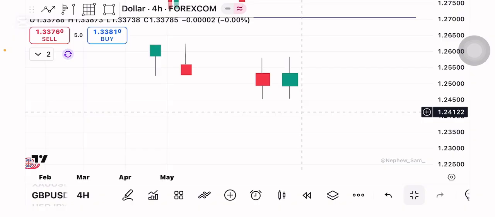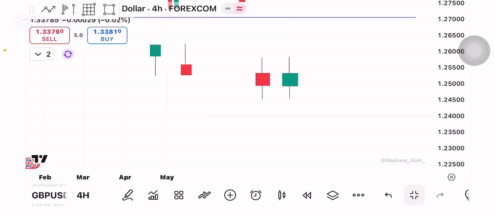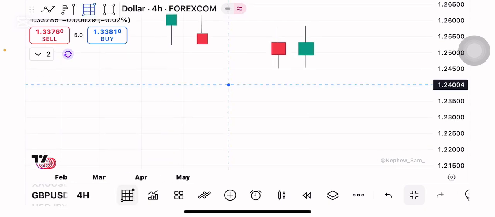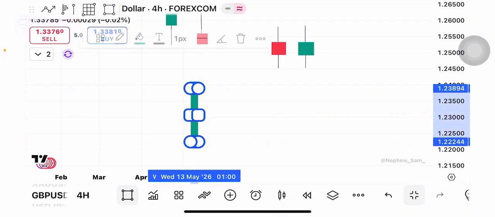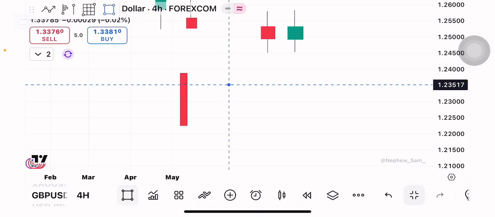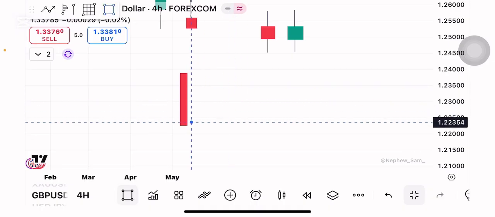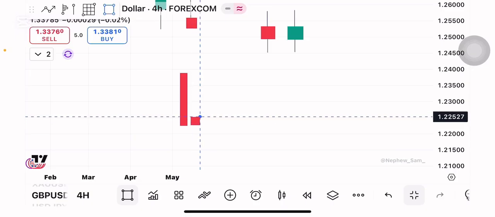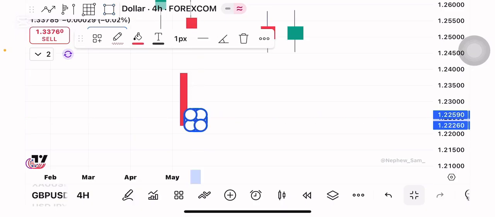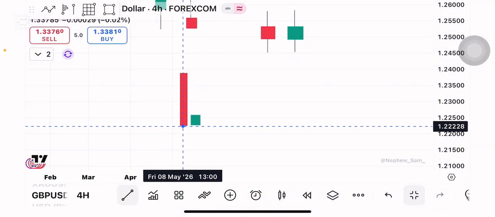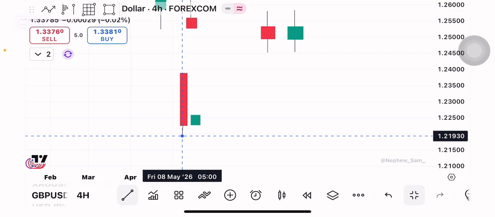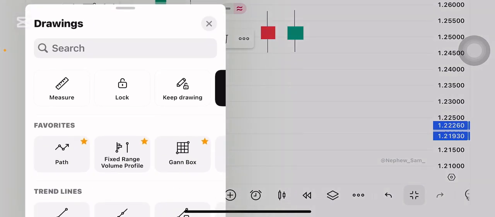Then we have our tweezer. Yeah, a tweezer candle. The tweezer is something like this. Let's say we have a long bearish candle, then you see something like this on the same line. It will be bullish.